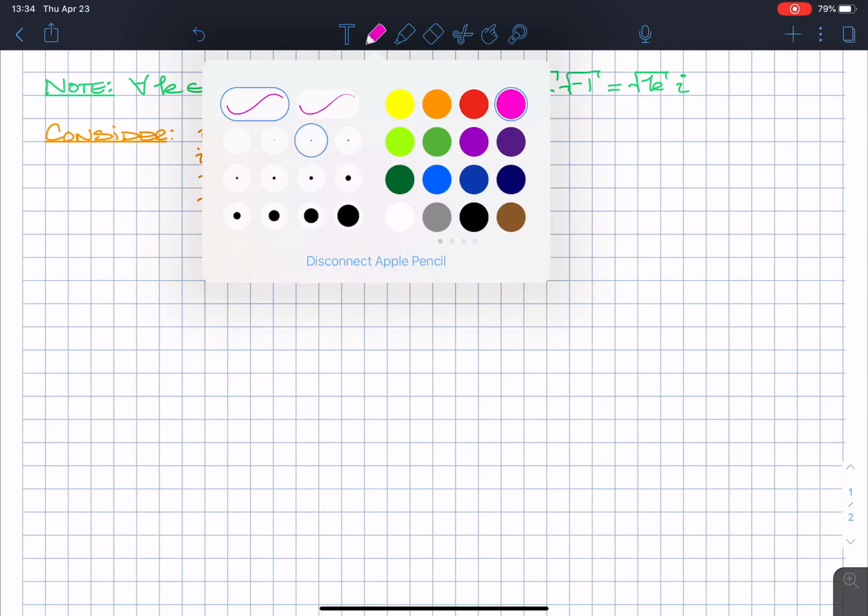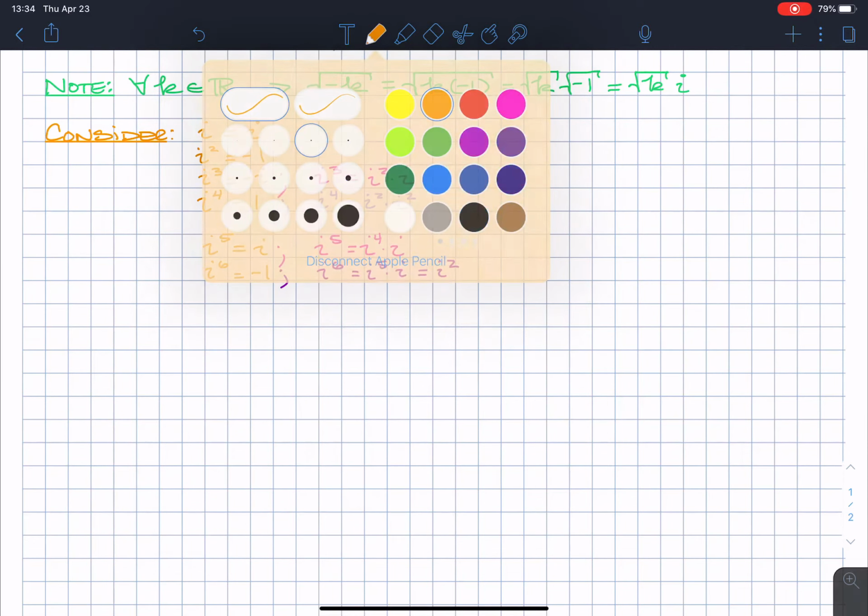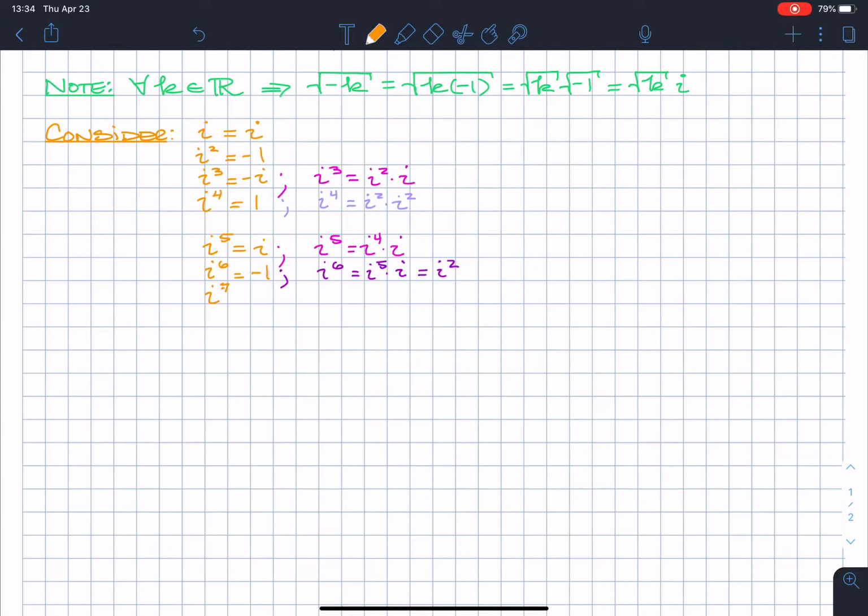That's because i to the 6th is i to the 5th times i, which is i squared. Okay. i to the 7th will be -1 times i, so -i. And i to the 8th will be -i times i, which is +1.